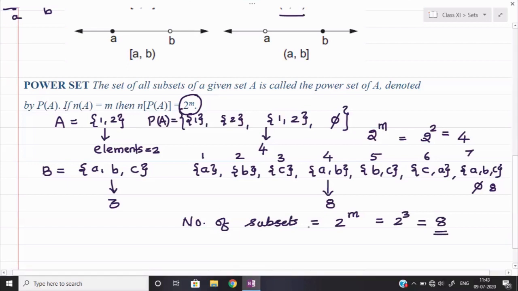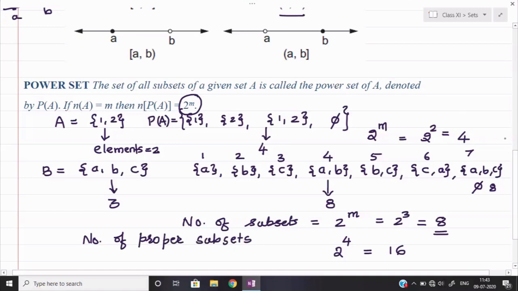For example, suppose I say in a set there are a total of 4 elements, so how many subsets will there be? 2 to the power 4, which is 16. Suppose in the examination they ask for the number of proper subsets. I have told you the formula only for subsets, but if they ask for the number of proper subsets, then as I told you earlier, all subsets are proper except the set itself.